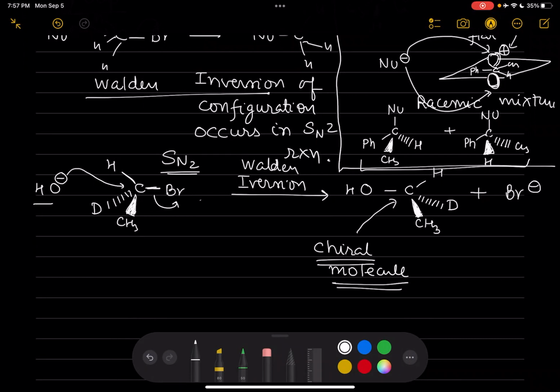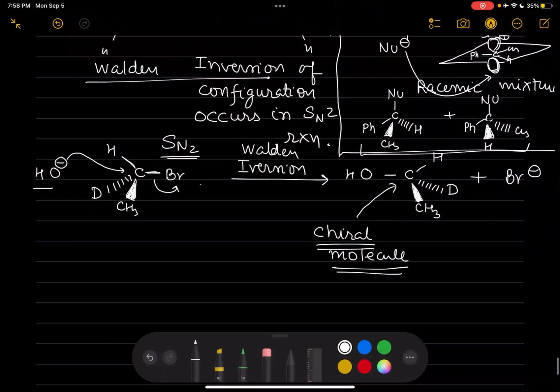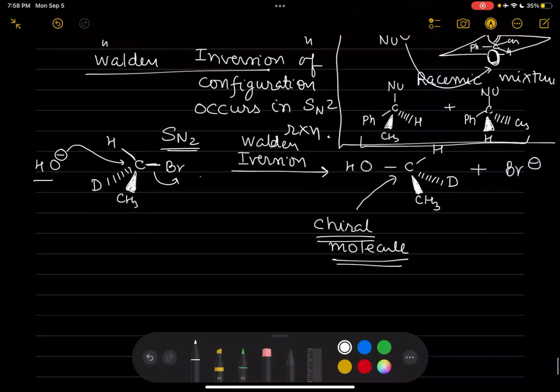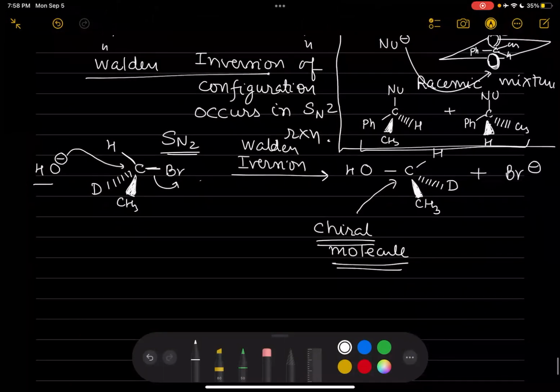But in the SN1 mechanism, you have both isomers formed because the leaving group has already departed, so there is nothing which can guide the nucleophile to come and join from only one side. It will come and join from both sides.